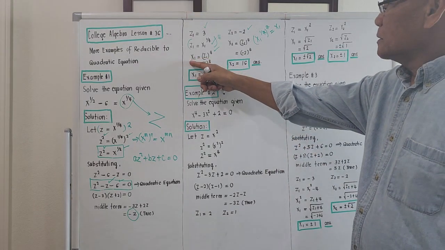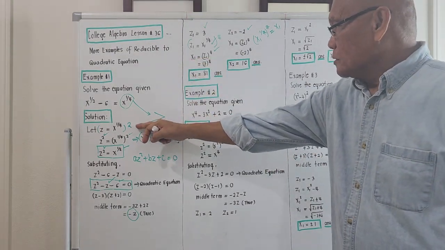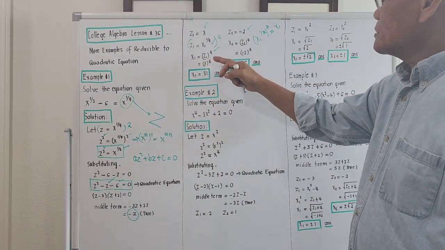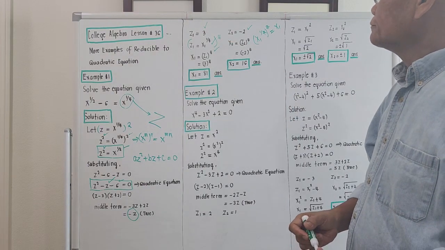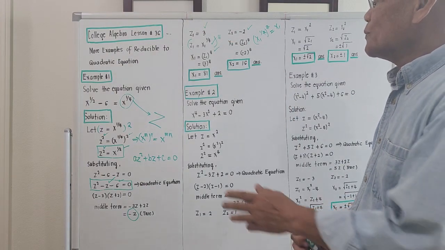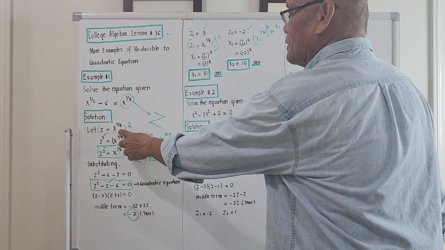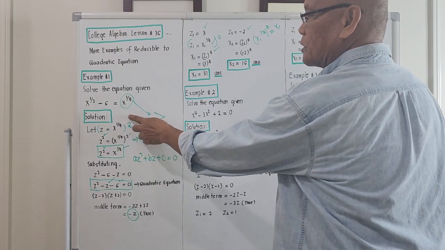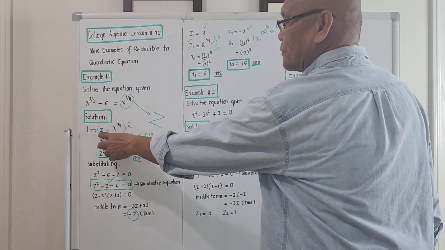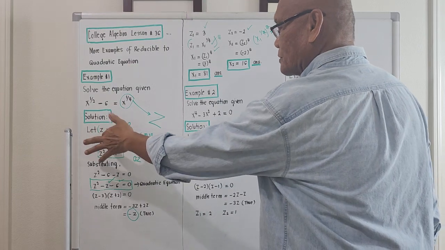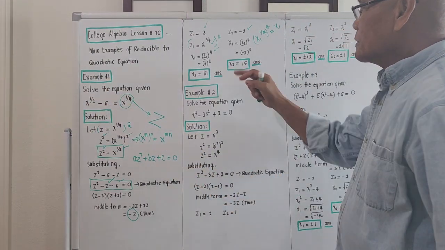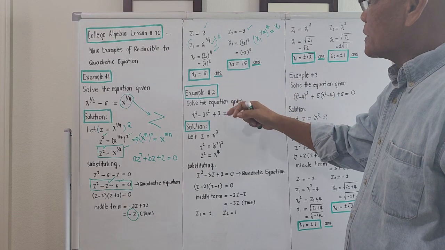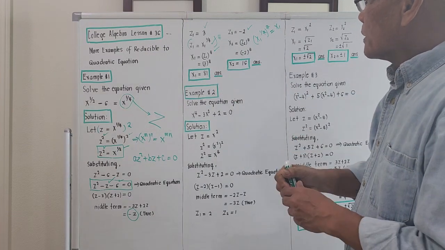So x1, from this substitution, should be z1 raised to the fourth power, right? We computed for x here, because we eliminated that 1/4, so they should be raised to the fourth, for x to be equal to z to the fourth. Substituting, this will be 3 to the fourth power, and x1 will be equal to 81.